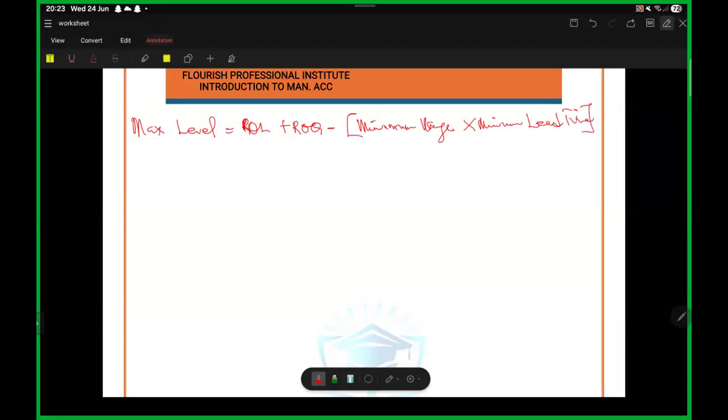You have to take note of this, where we have the minimum level. To calculate the minimum level, it is your reorder level minus your average usage times your average lead time.